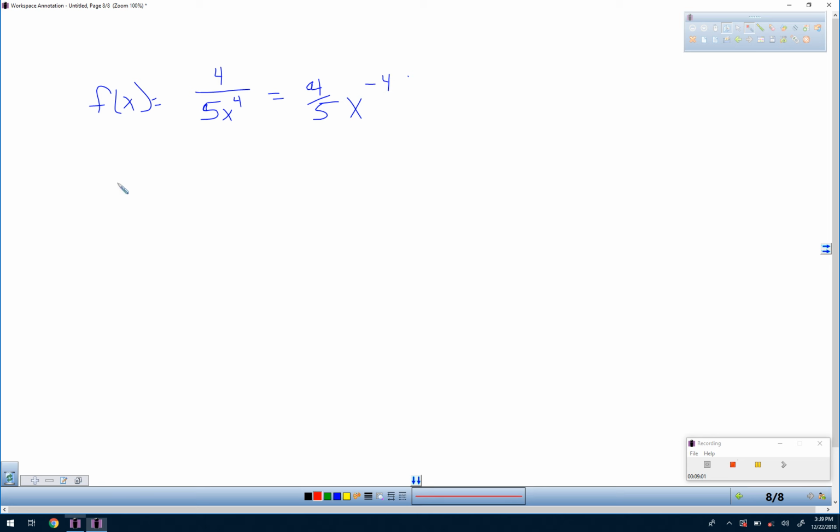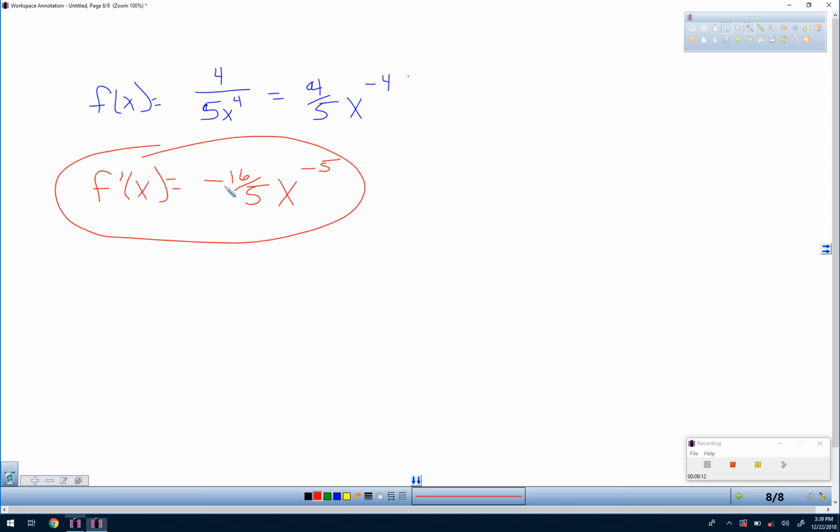Then you could take the derivative of that function. If you rewrite it first, the derivative of that would be negative 16 over 5 x to the subtract 1, so that would be negative 5th. So sometimes it's necessary to rewrite things so that you can take the derivative.